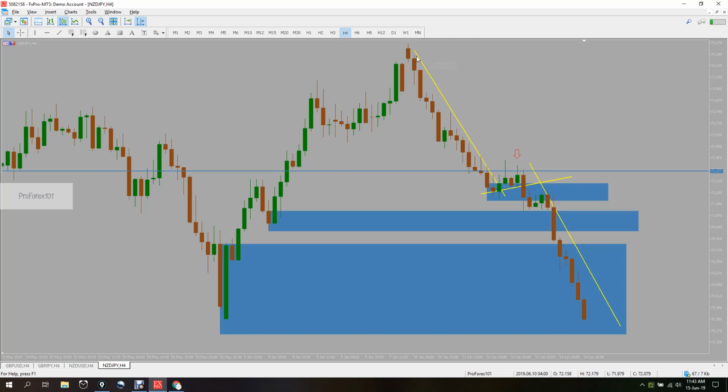So for this move to happen, let's say only New Zealand news comes out and says New Zealand is weak, so this will happen. But also at the same time, yen will come out and say yen is strong, so this will be a very strong move, okay. So when both currencies are saying the same thing, it will be very strong, like what happened here, right? So there's no green candles down here, it's all red, red, red, red, red. It's like a waterfall, okay.